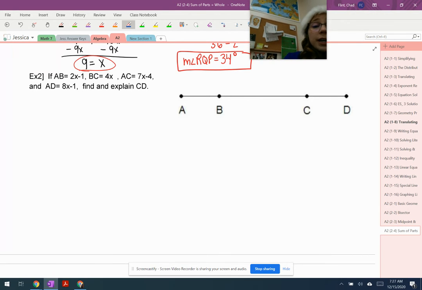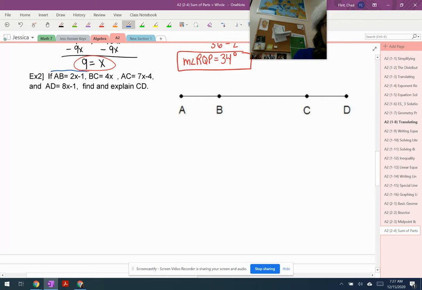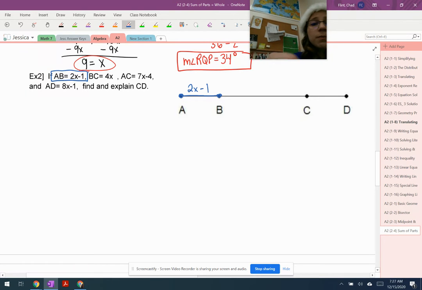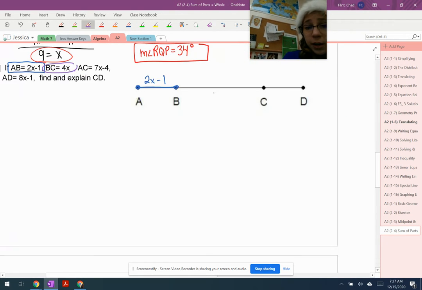Okay, so if AB is equal to 2x minus 1, so AB is right here, BC is equal to 4x.